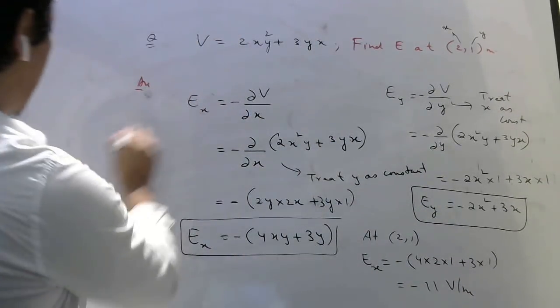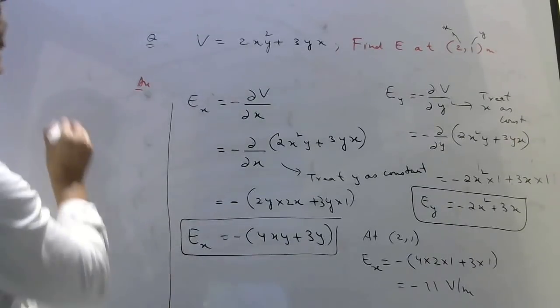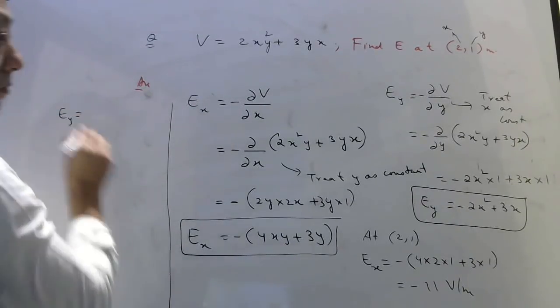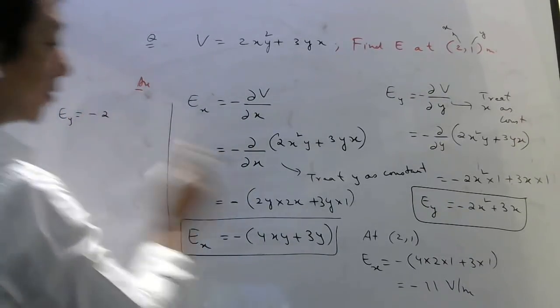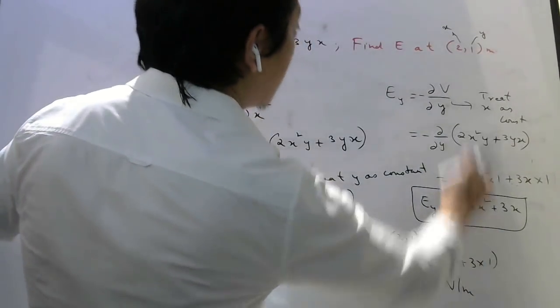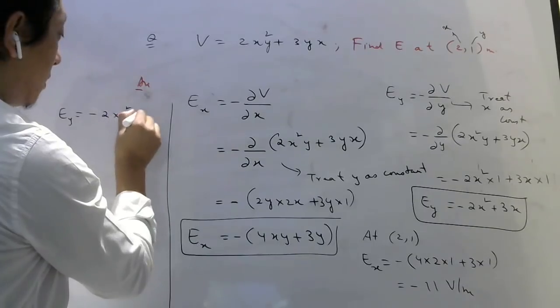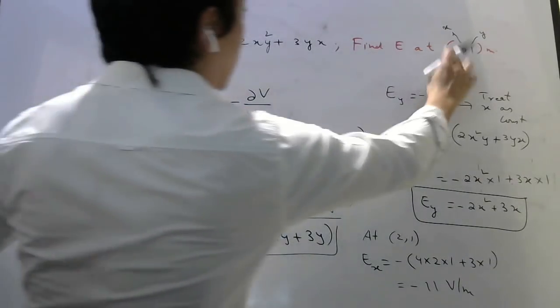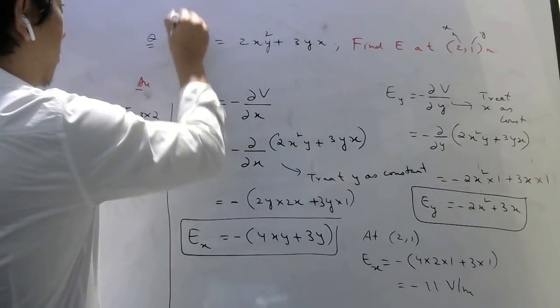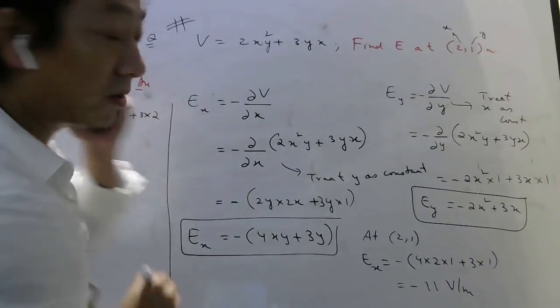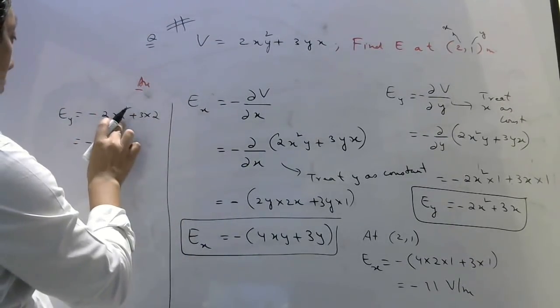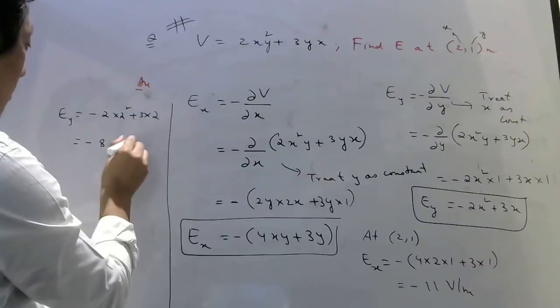Similarly, tell me Ey. Let me do it here, okay students, we don't have space. So Ey is minus 2x square. What is x? 2. So 2 square plus 3 into x, which is 2. Okay, this is only for entrance, this will not come for board exams. So this will be minus, 4 into 2, 8 plus 6.